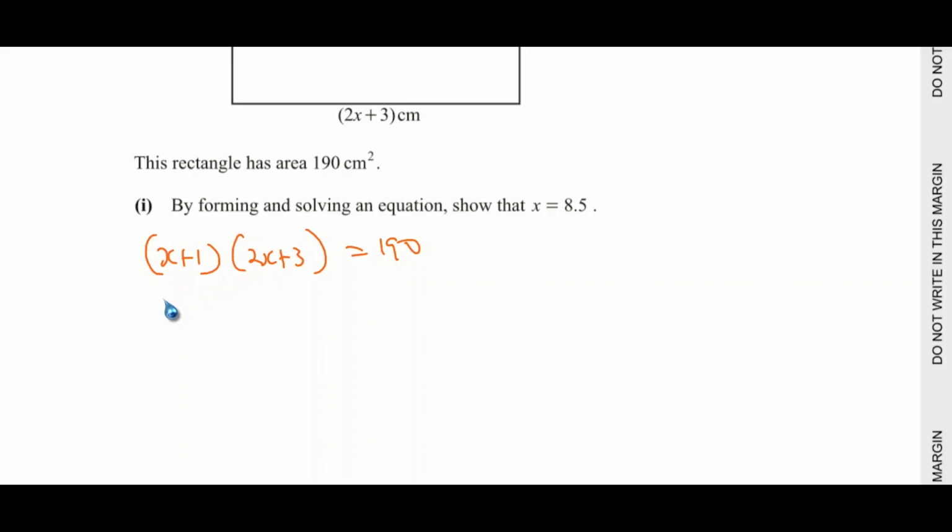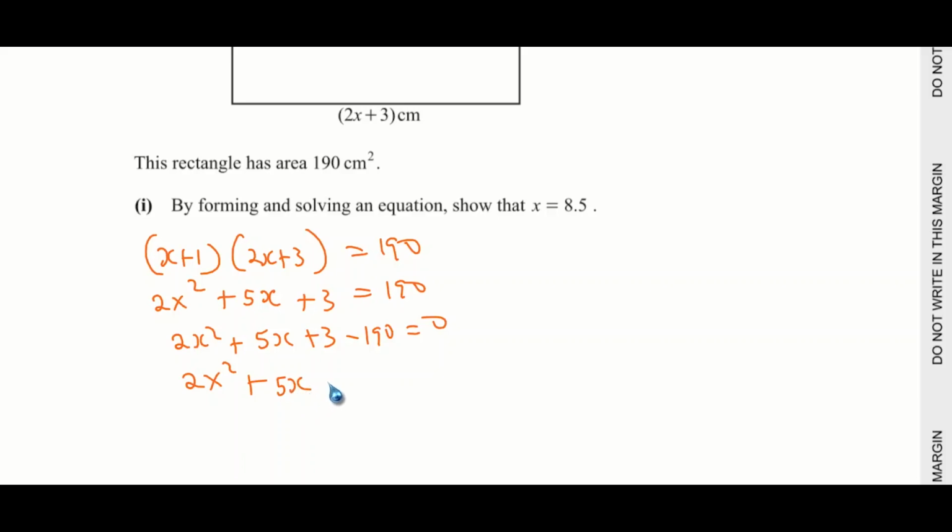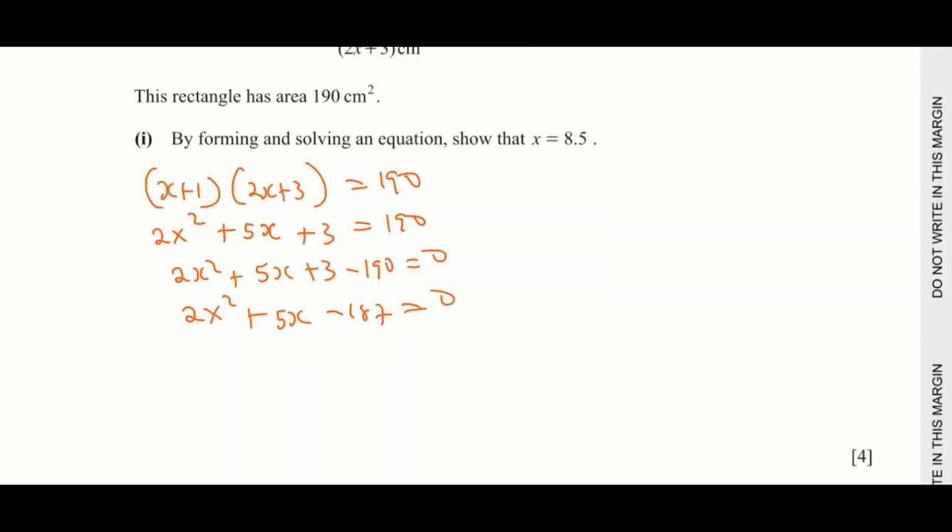If you expand these two, you get 2x squared plus 5x plus 3 equals 190. Then you have 2x squared plus 5x plus 3 minus 190 equals 0. So you have 2x squared plus 5x minus 187 equals 0.